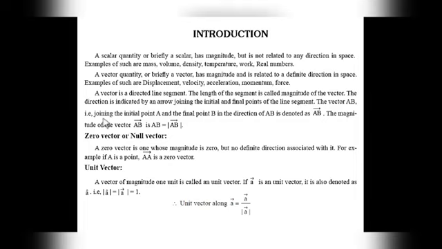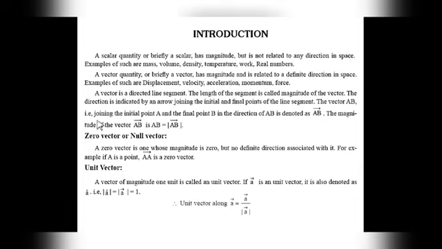AB is a vector joining the initial point A and the final point B, in the direction of AB, denoted as vector AB. The magnitude of the vector is denoted by writing that vector in between two parallel lines.